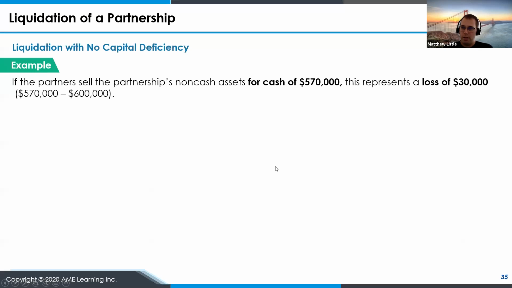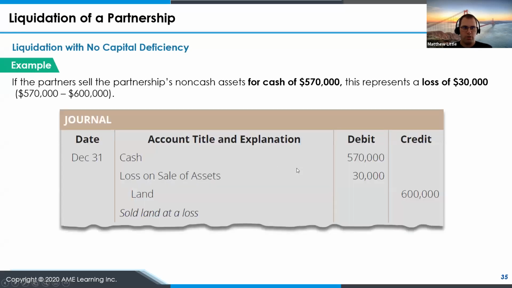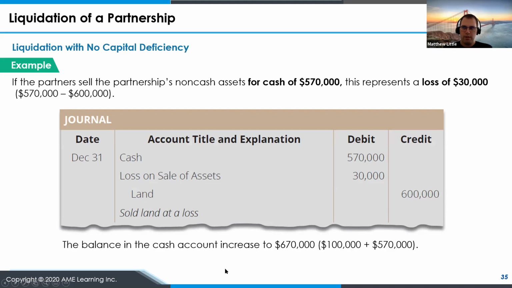They sold it for $570,000, which is a loss. So the journal entry to record that transaction would be decreased land credit $600,000, increased cash $570,000 debit, and debit the loss on sale of assets of $30,000. So our balance in our cash account would then increase to $670,000 from the original $100,000.